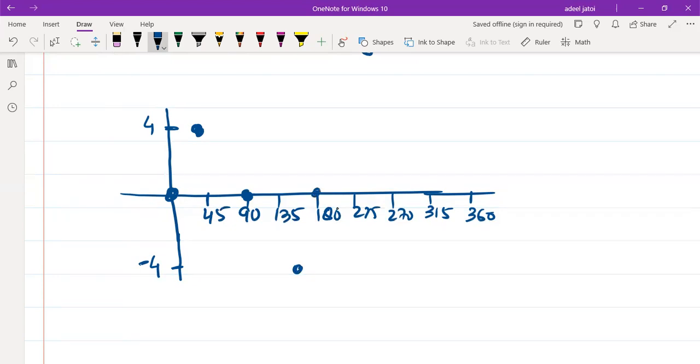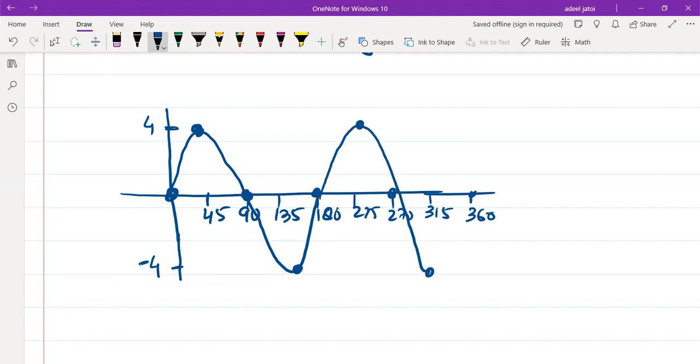And at 180 we will have 0 again. So the graph of sine x goes down, and this becomes your first cycle. Similarly, 225, 270, 315, 360. So this is your second cycle from here till 360.